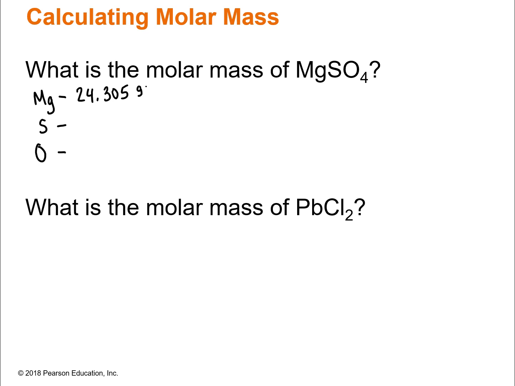I'm going to write that as grams per mole, because if we had 1 mole of magnesium, it would weigh 24.305 grams. You do the same thing for all the others. Now, oxygen is 15.999 grams per mole.